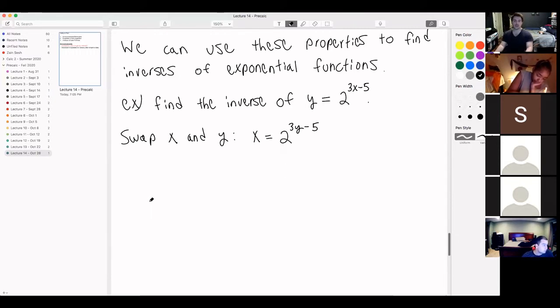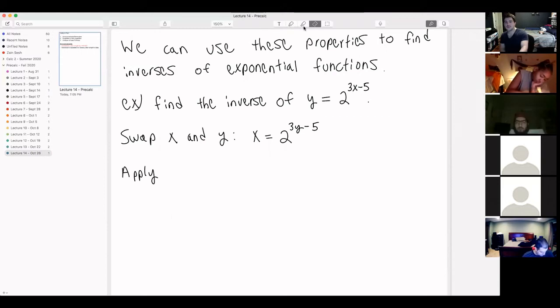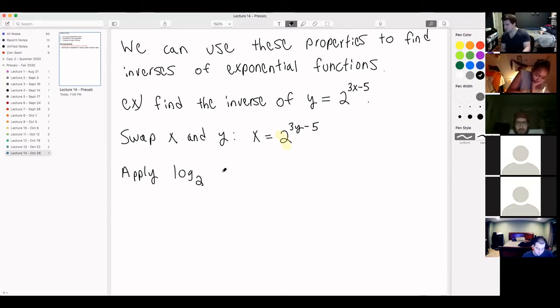Okay, good. The next step: now you look at the base of the exponential here, and the base is 2. So you apply log base 2 to both sides of this equation.